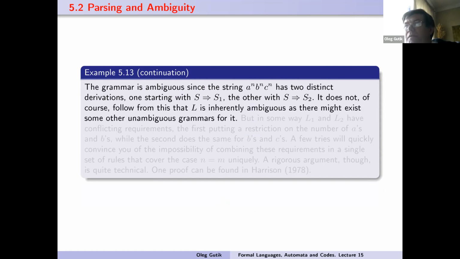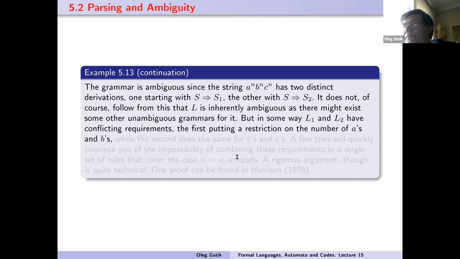It does not, of course, follow from this that the language L is inherently ambiguous, as there might exist some other unambiguous grammar for it. But in the same way, L1 and L2 have conflicting requirements. The first puts a restriction on the number of symbols a and symbols b, while the second does the same for the symbols b and the symbols c.